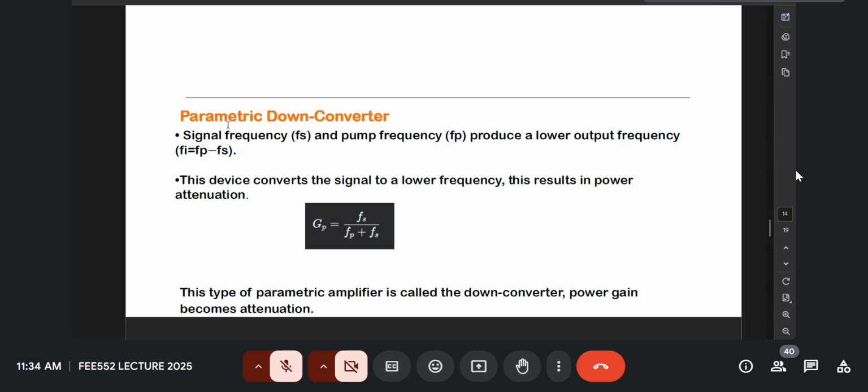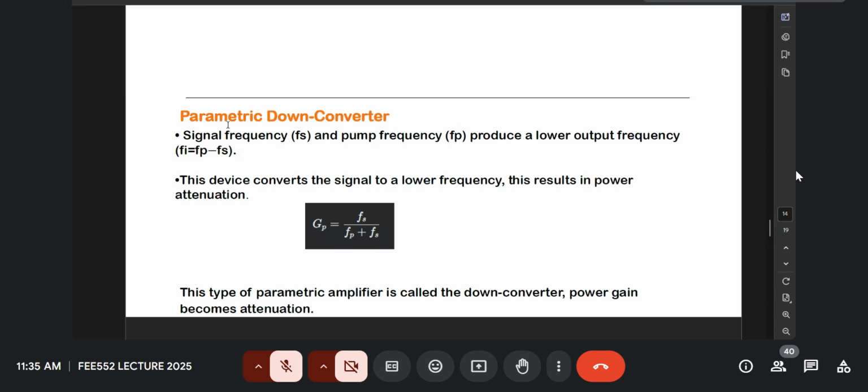You can see that the gain will definitely be below 1. It's basically attenuation, because Fs is in the numerator, then we have Fp plus Fs in the denominator. So this type of parametric amplifier is called the down converter.